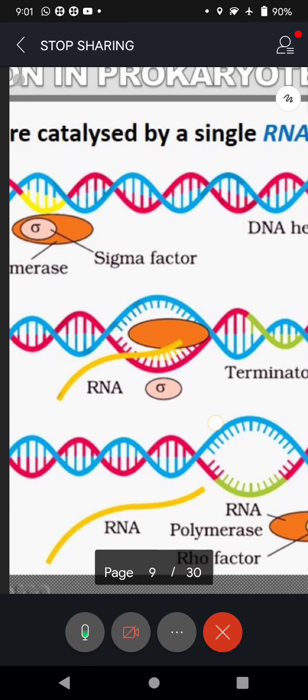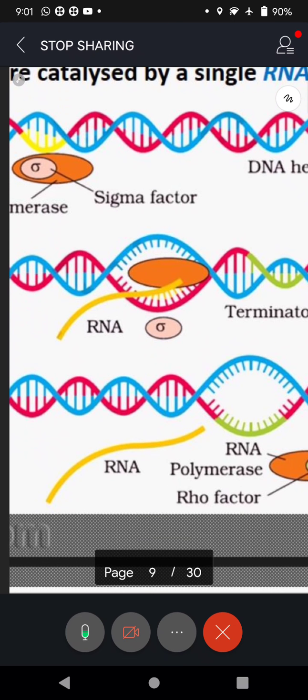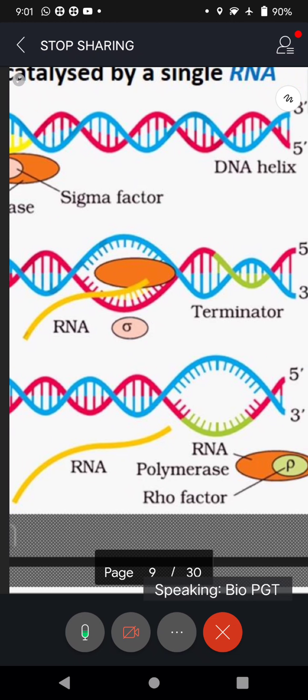And the third one: as the sigma factor and the RNA polymerase enzyme start moving, a place comes where there has to be closing, termination, we say. The region where DNA stops forming RNA, specifically mRNA, is called the terminator region.